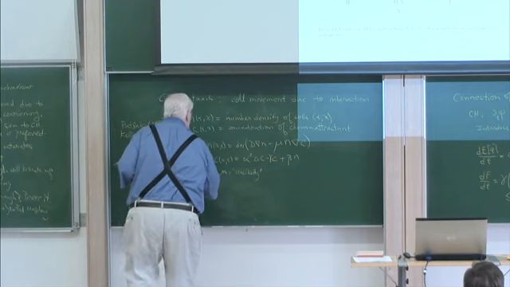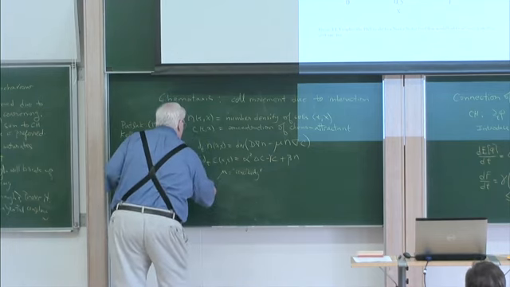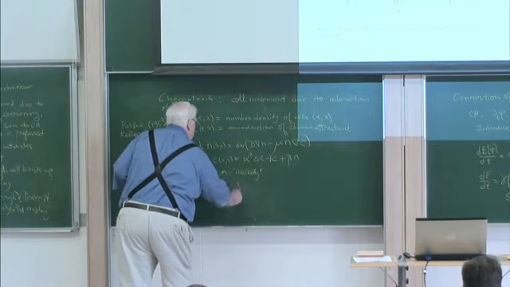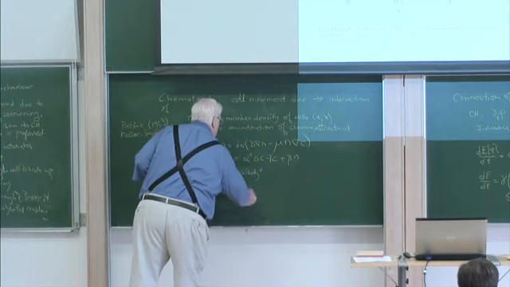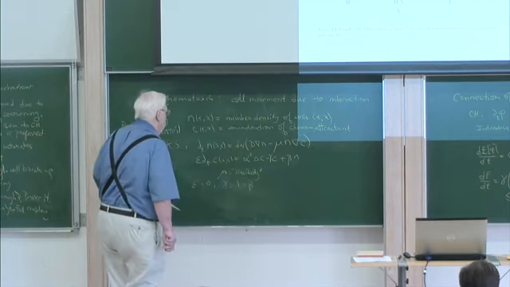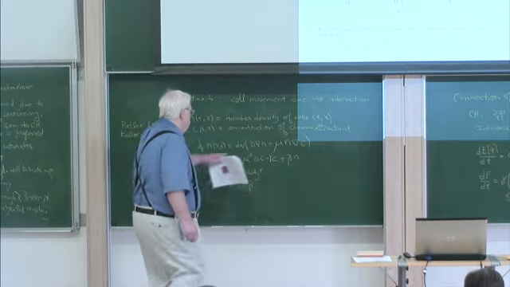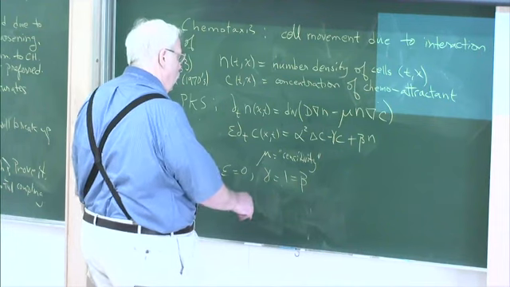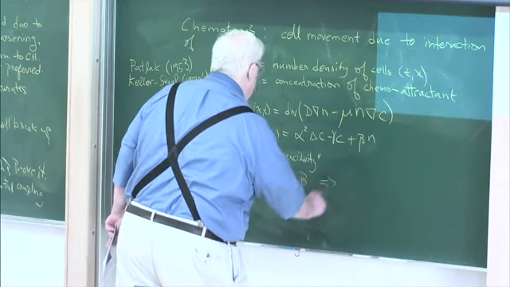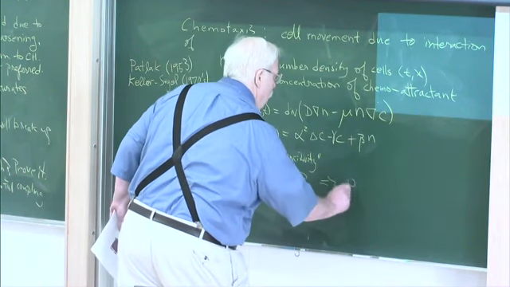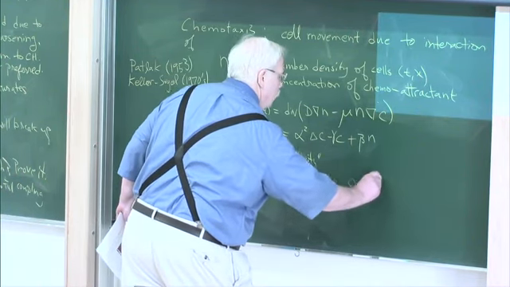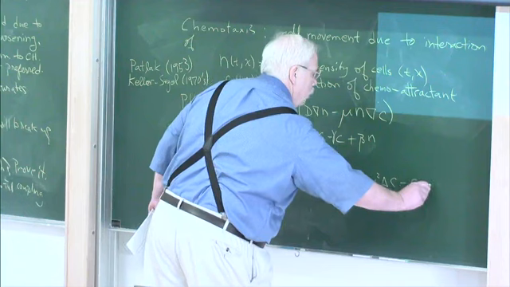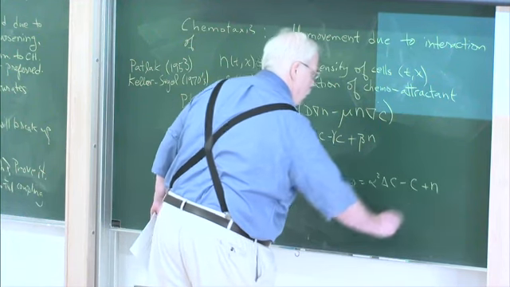So if we let epsilon equal 0, gamma equal 1, and also beta equal 1, we have left D and mu and alpha. Then this implies that 0 is alpha squared Laplacian c minus c plus n.